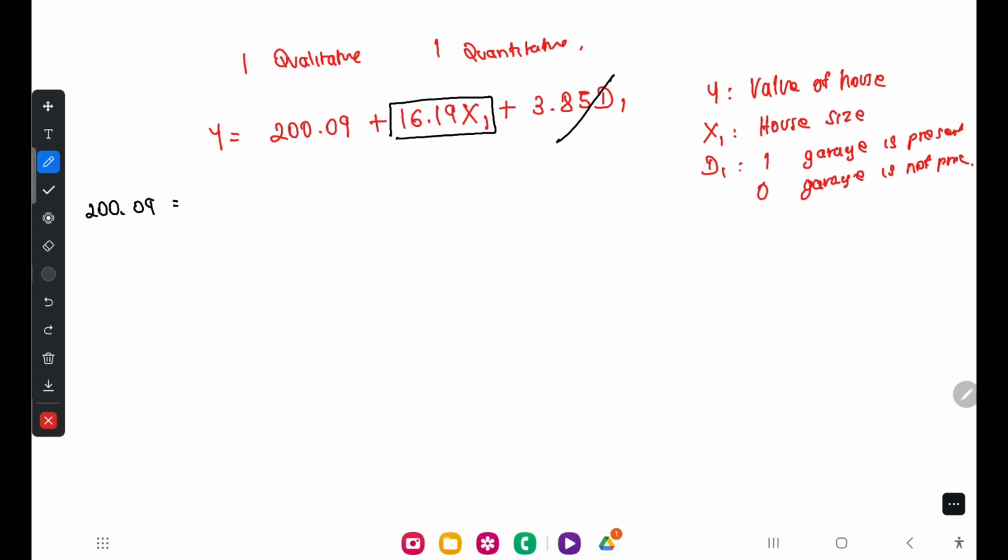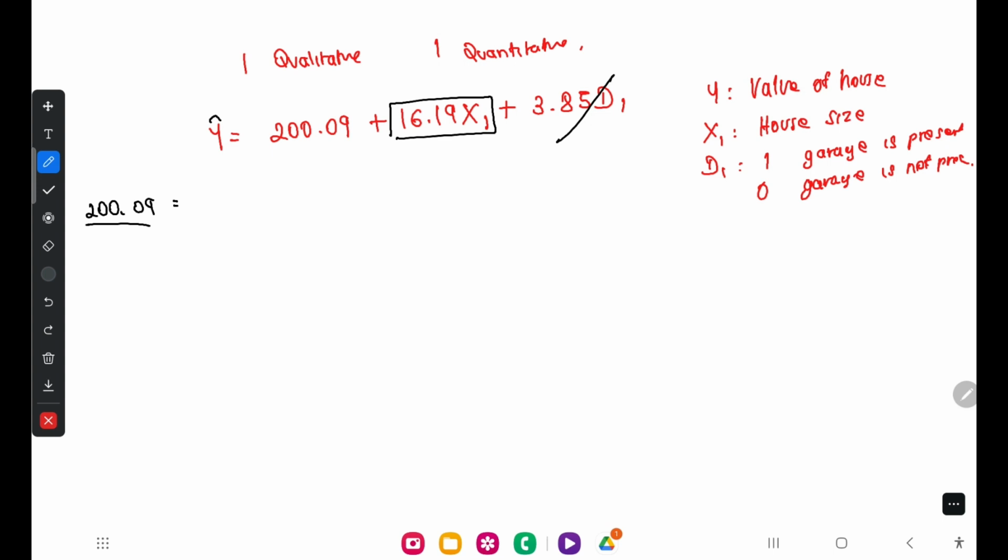We would have said the value of the house, that is y, is 200.09 when the house size is 0. Yes, that is how we did before in simple linear regression, right? Before considering a categorical variable, that is how we explain. Okay, but now we have a dummy variable as well, and this dummy variable basically refers to the reference category when it's the intercept.